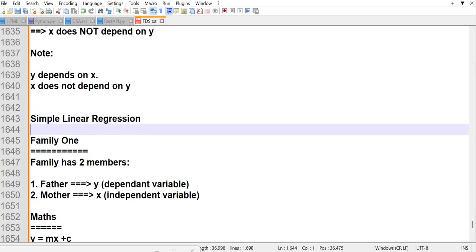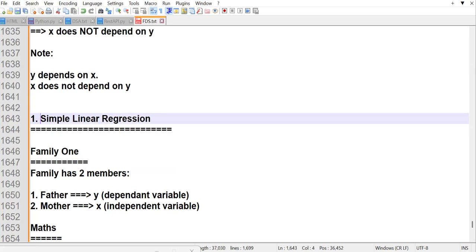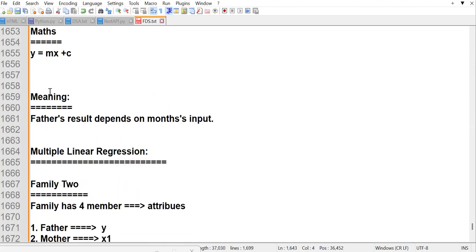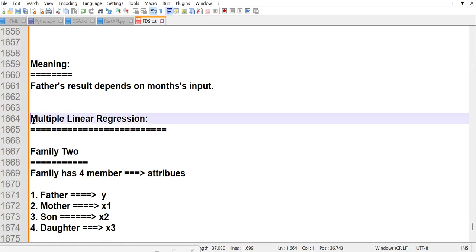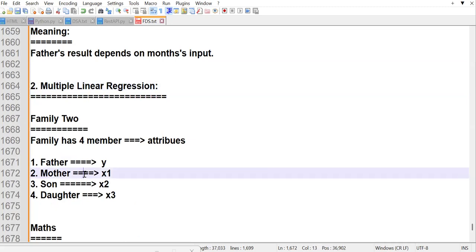I hope you understand the difference between simple linear regression and multilinear regression. This is a simple linear regression example, where only one x is there, but in multilinear regression you can find multiple x. X means independent variables, right?